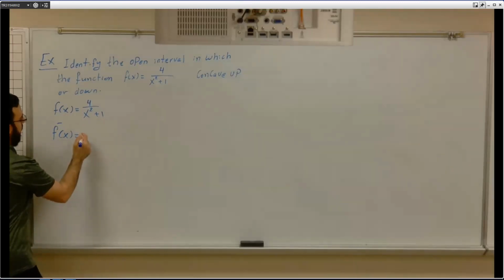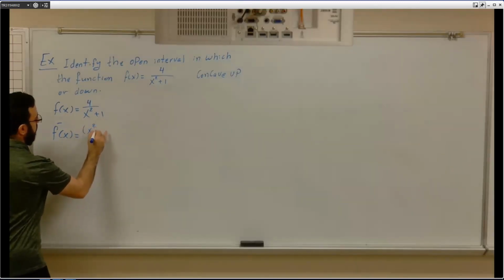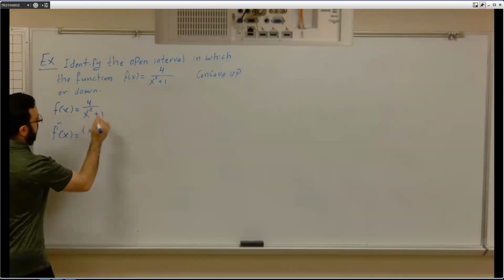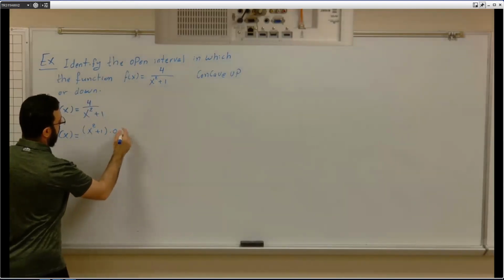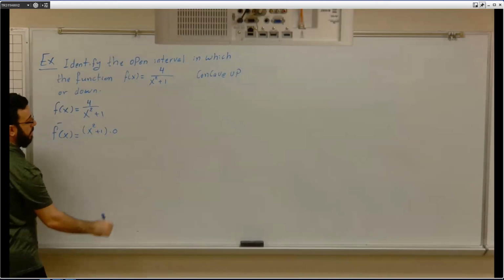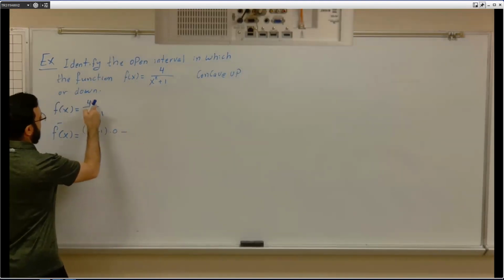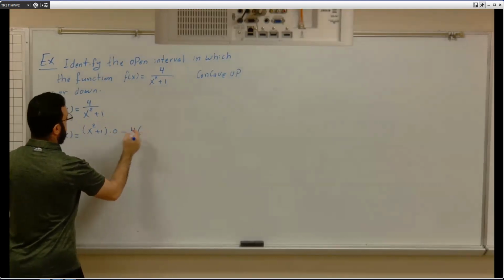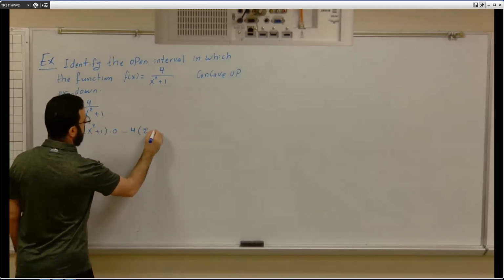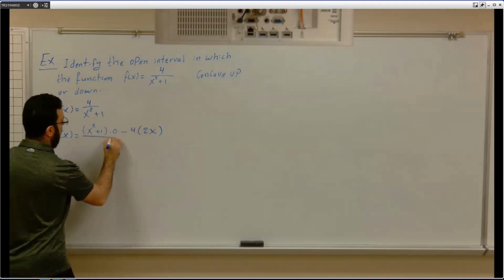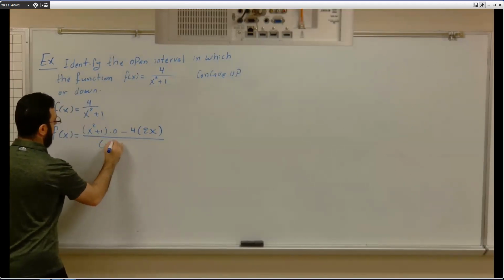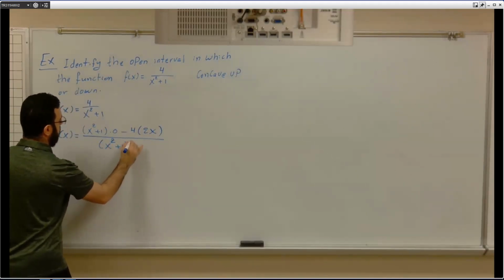the bottom part times the derivative of the top, which is 0, minus the top part, which is 4, times the derivative of the bottom part, which is 2x, over x squared plus 1 squared.